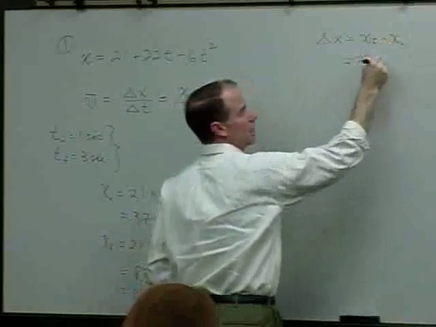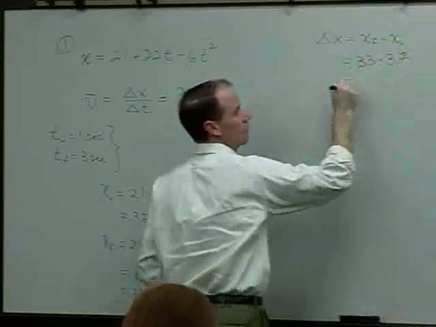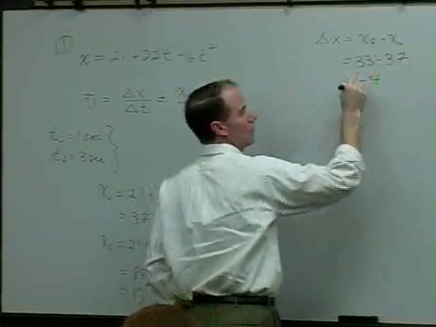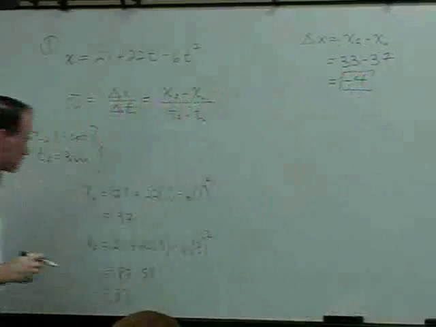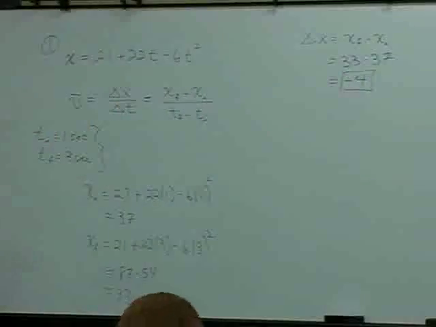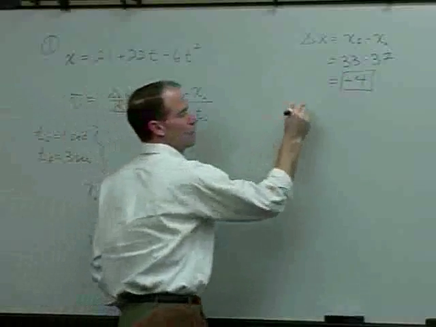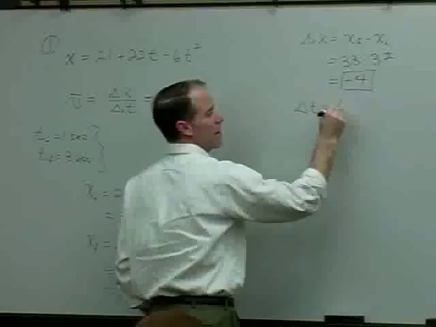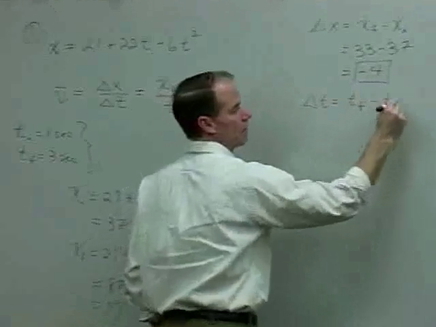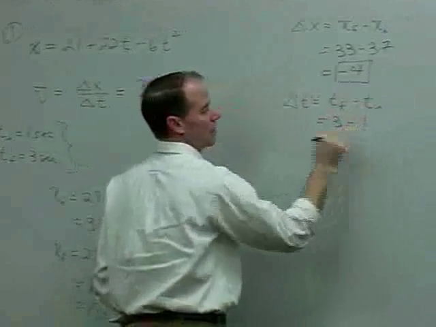That will be 33 minus 37, or negative 4. And our change in time will be final time minus initial time, 3 minus 1, or 2 seconds.